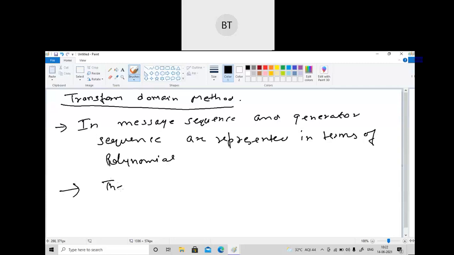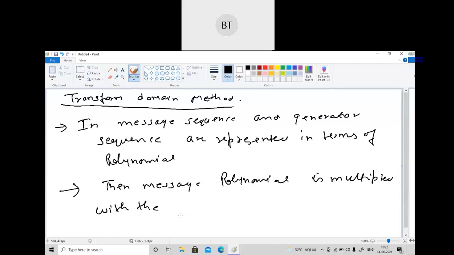Then the message polynomial is multiplied with the generator polynomial to get the final code word.